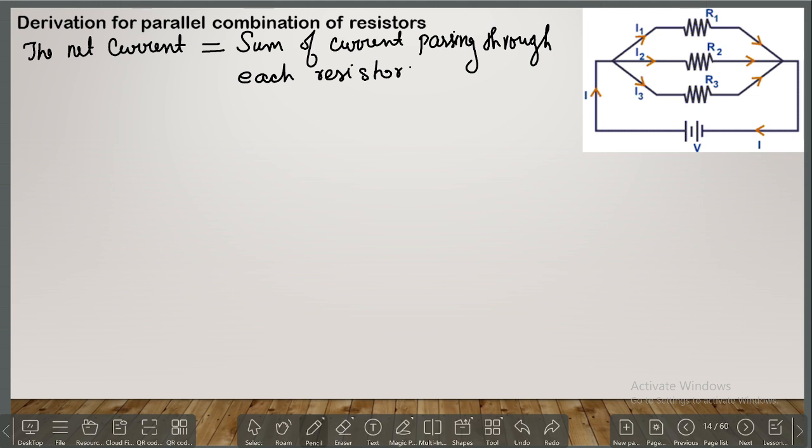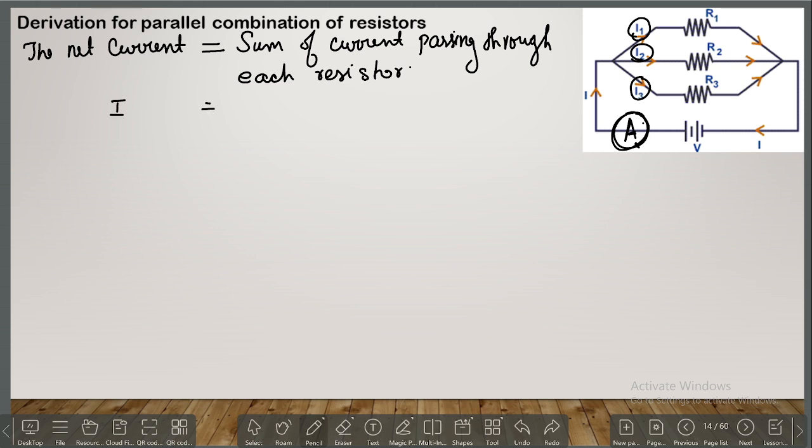Suppose here I am connecting an ammeter. Clear? If you connect the ammeter in this placement, it is going to measure the net current. So this net current will be equal to the sum of current passing through each resistor. Net current is nothing but the total current.